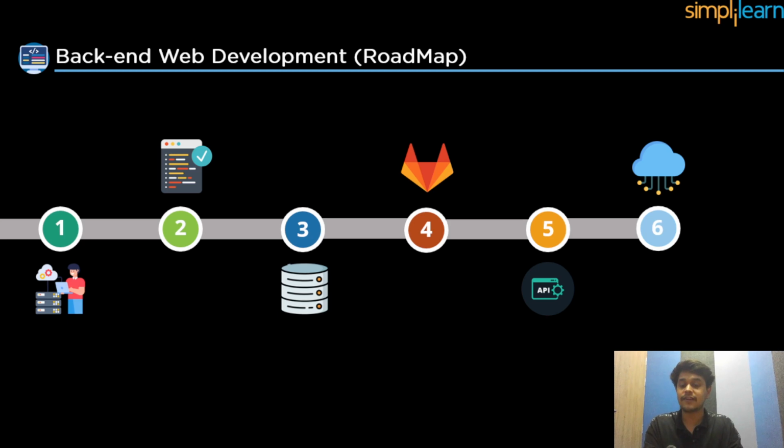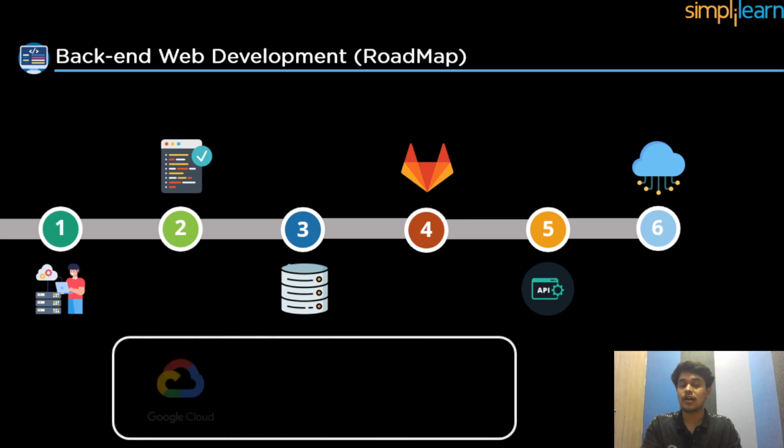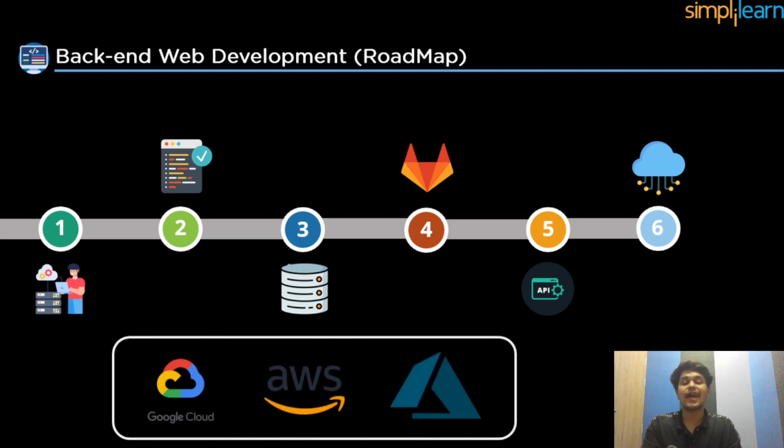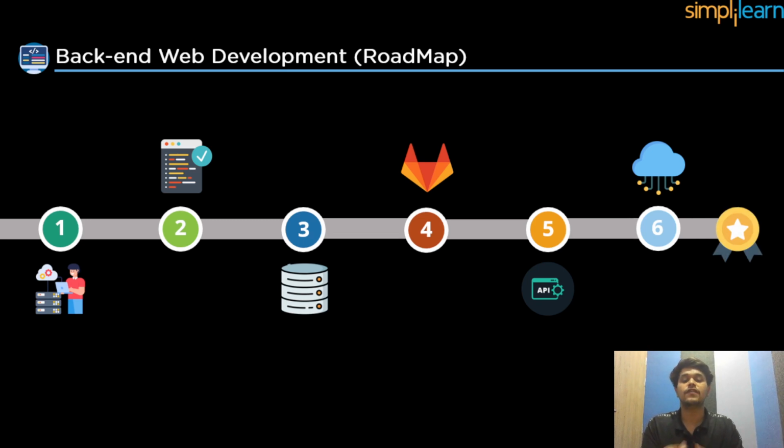Software as a service, platform as a service, and infrastructure as a service are the three main divisions of cloud computing. A backend developer should know what clouds are and how to use them. Mostly used cloud services are Google Cloud, Amazon Web Services, and Microsoft Azure. So, you can pick any one of these cloud services and then you'll be ready to become a backend developer.